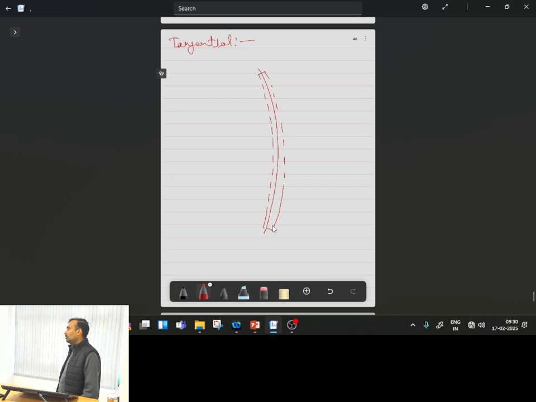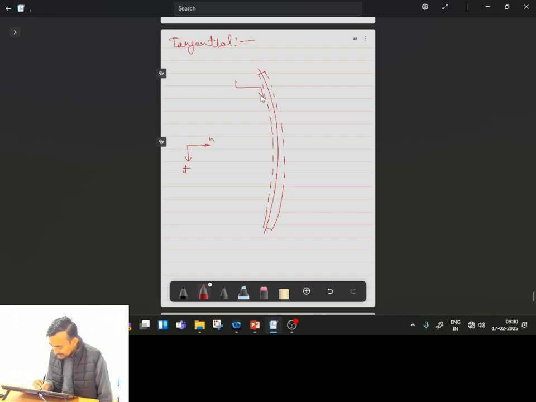Again, this is my normal direction, this is my tangential direction, and I have to consider all the components in the tangential direction. First, what was the mass which was entering?